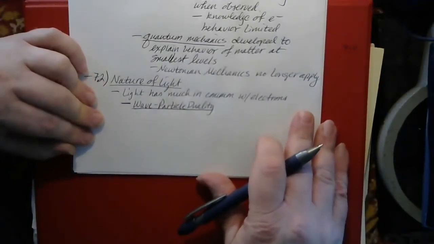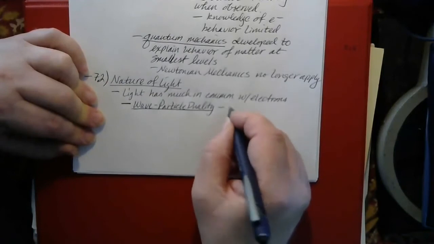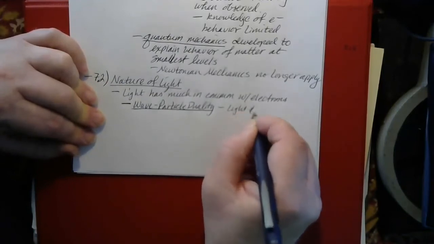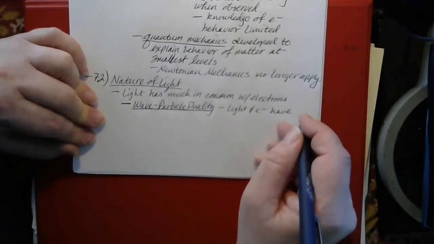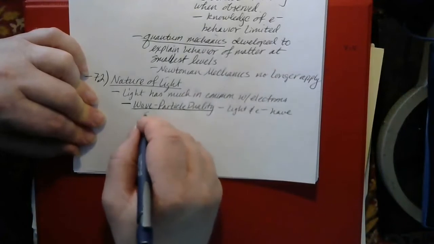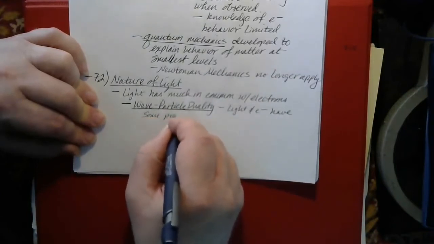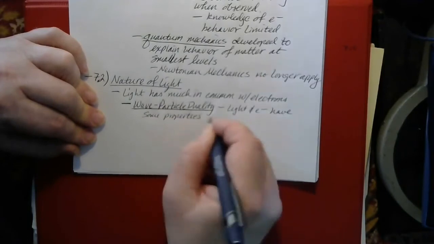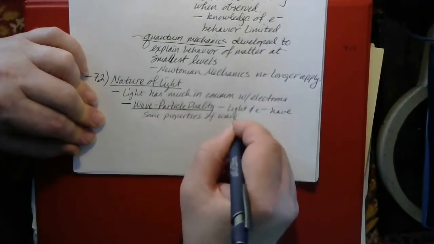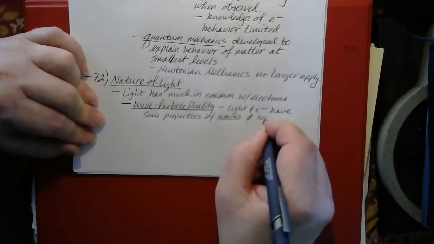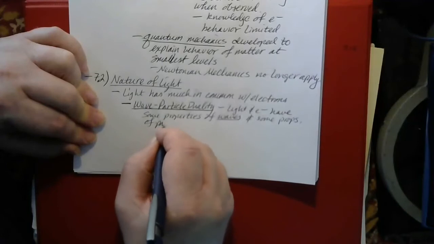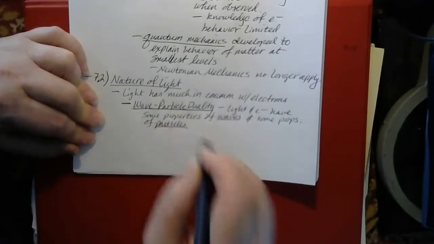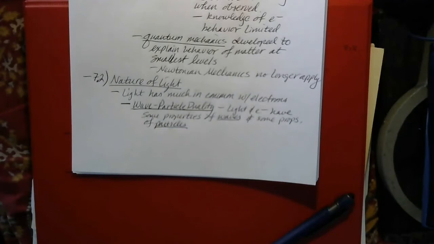Wave-particle duality means that they have basically some properties of waves and some properties of particles. Actually, it turns out that everything has wave-particle duality to some extent.